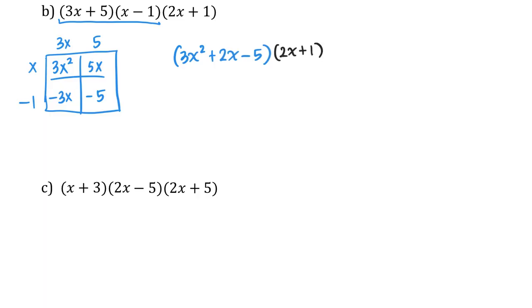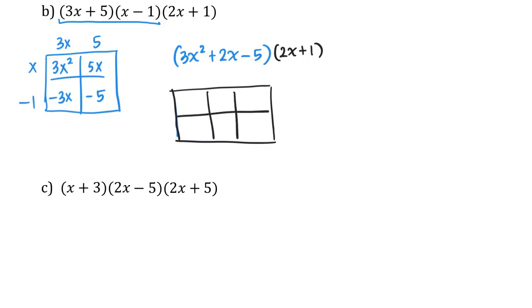Now if you like the box method, we can use the box method again. Okay, it's 2 by 3 this time. Doesn't matter which side's 2 or 3 as long as I get all the terms. 6x cubed, 3x squared, 4x squared, 2x, minus 10x, minus 5.